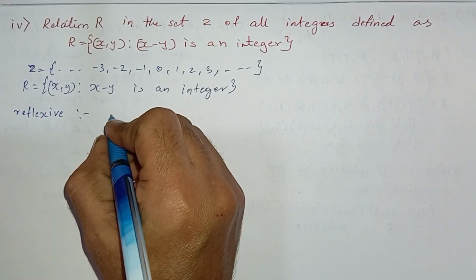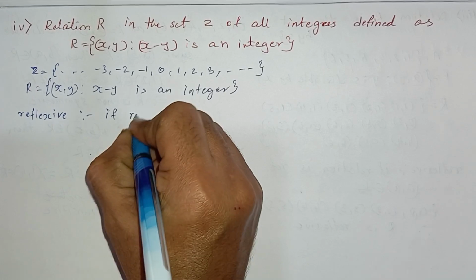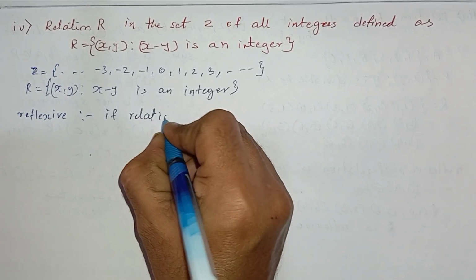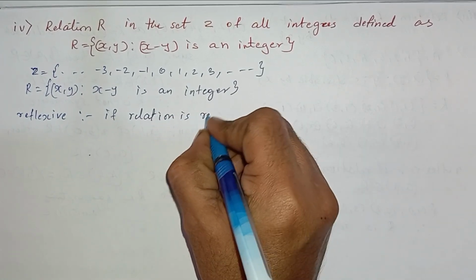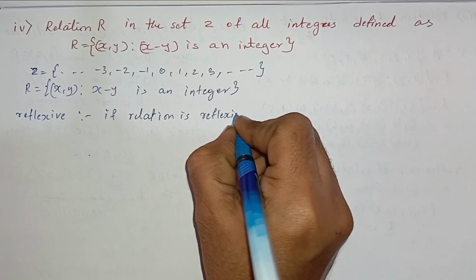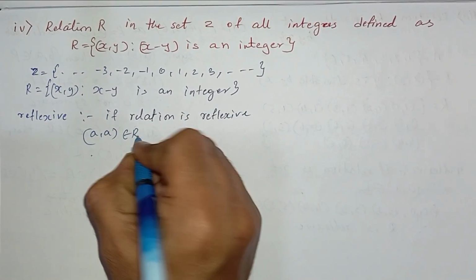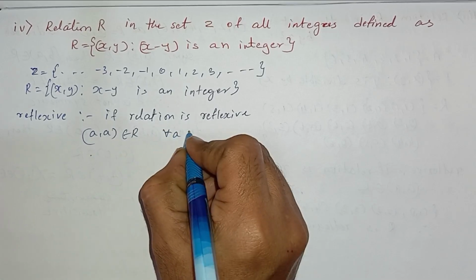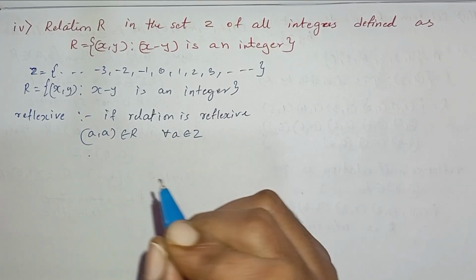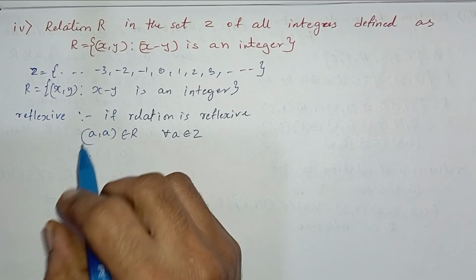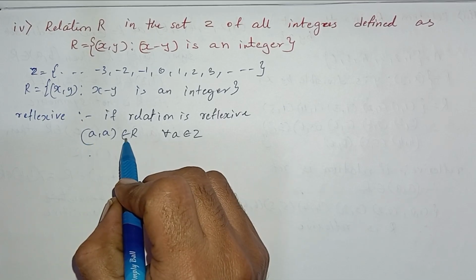A relation is said to be reflexive if (a, a) belongs to R for all a belonging to the integers Z. So here we have to check for (a, a) belongs to R.